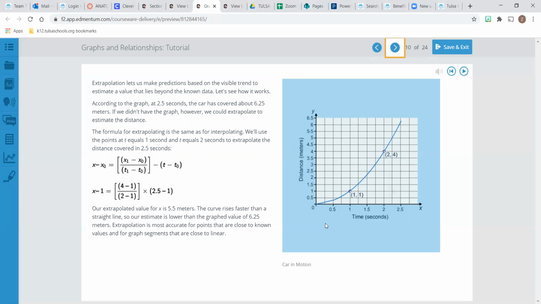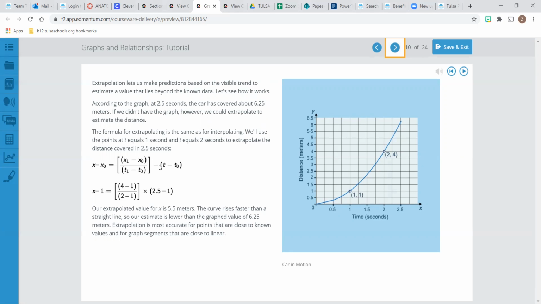If you didn't have the graph, you could use the math below to figure it out. And like we said, you plug in x naught, y1 minus y naught, t1 minus t naught, times 2.5 minus 1. Okay.